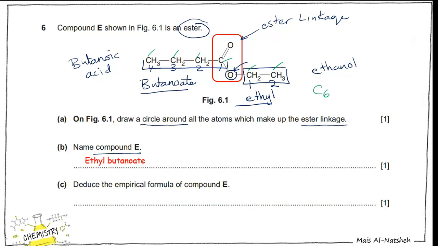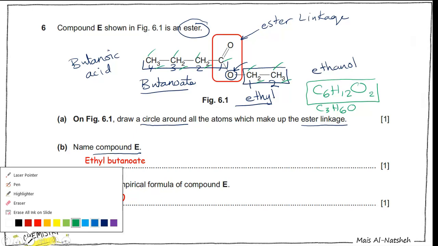How many hydrogens? 3, 5, 7, 9, and 12 hydrogens. How many oxygens? 2 oxygens. So the molecular formula here is C6H12O2. How can we simplify it? It would be simplified into C3H6O. So this would be the empirical formula.